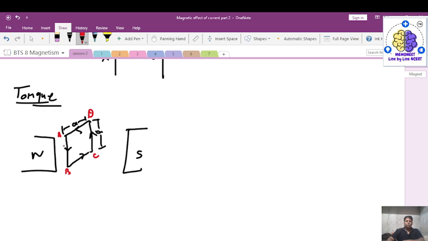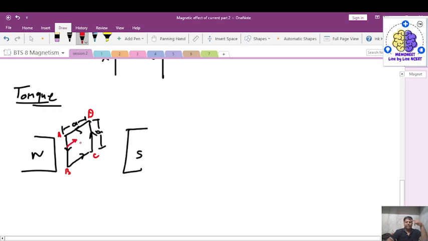But when we look into the conductors AB and DC, for conductor AB, the magnetic field is from my left to right, and the current is going in the downward direction, and the force experienced by this conductor will be in the outward direction. Whereas for conductor DC, the magnetic field is in the left to right direction, current is flowing in the upward direction, so the force experienced by this conductor DC will be in the inward direction, right?